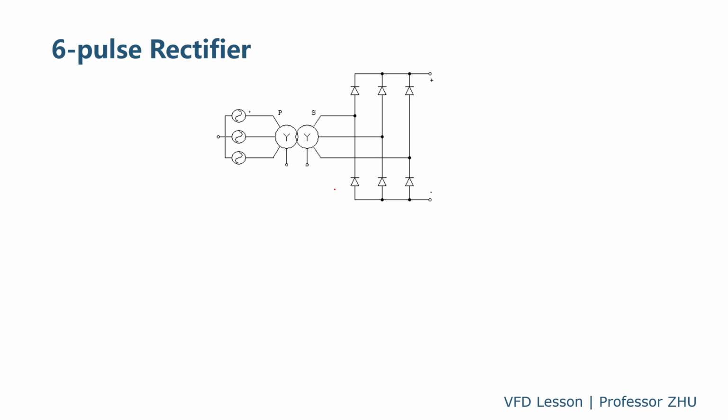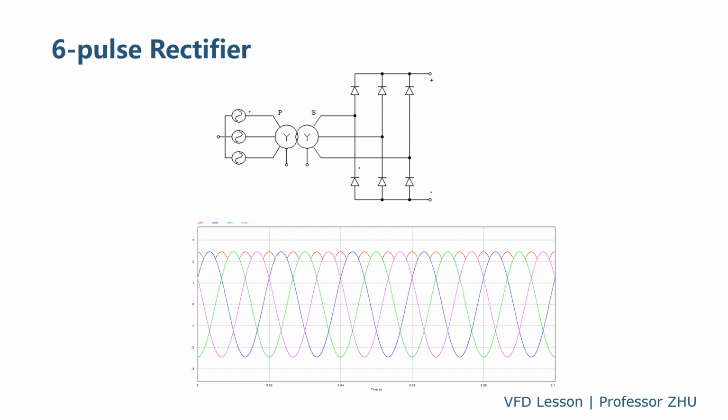This is a standard 6-pulse rectifier, from the power supply, the three-phase rectifier, and the output. 6-pulse means in one cycle, for example for 50 Hertz, which is about 20 milliseconds, or 360 electrical degrees, there will be 6 changes of the current path.